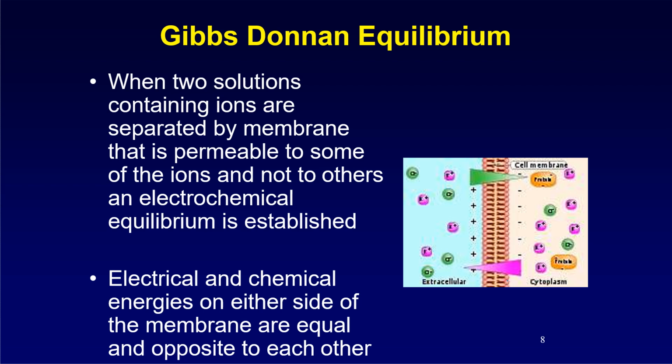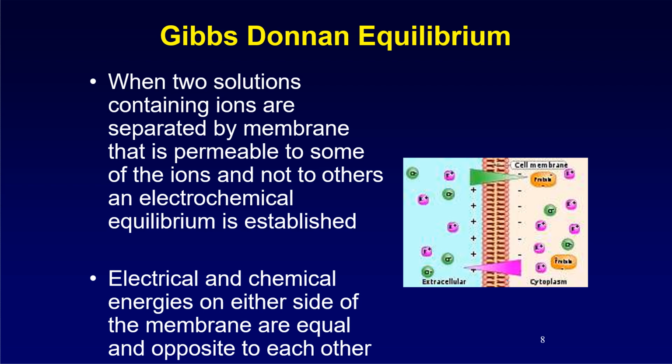The electrical and chemical energies on either side of the membrane are equal and opposite to each other. In considering two solutions, each solution should have electrical neutrality, that is positive charges should be equal to negative charges, and the product of diffusible ions on one side of the membrane will be equal to the product of diffusible ions on the other side of the membrane.